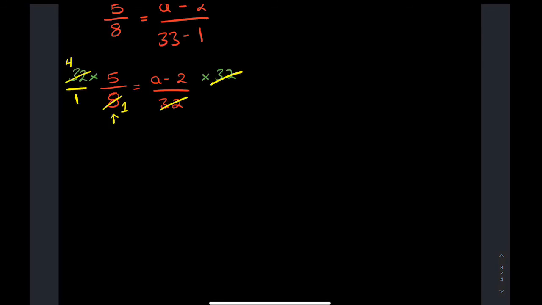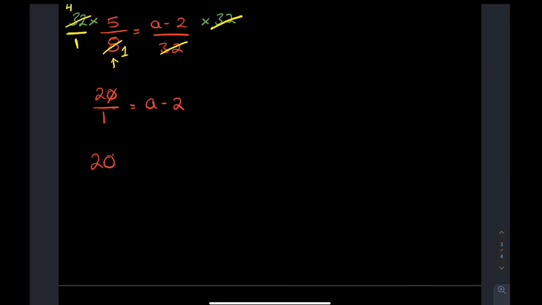So instead of 32 times 5, we have 4 times 5, which is nicer. So we have 4 times 5, which is 20. And then remember, we canceled out that 8, so that it would go into the 32. So we only have 1 on the bottom here now. So it's just 20 over 1 equals a minus 2. Well, 20 over 1 is just 20 equals a minus 2.